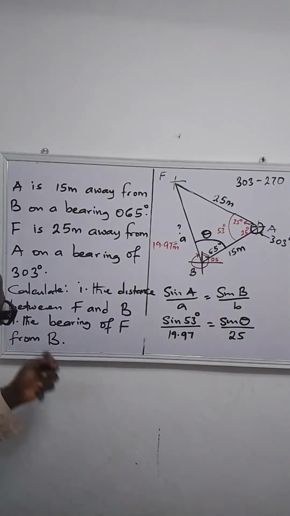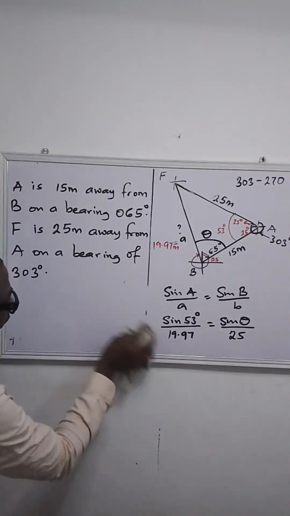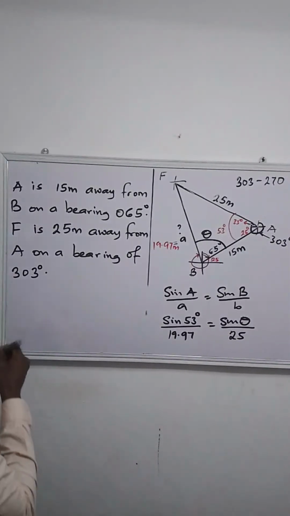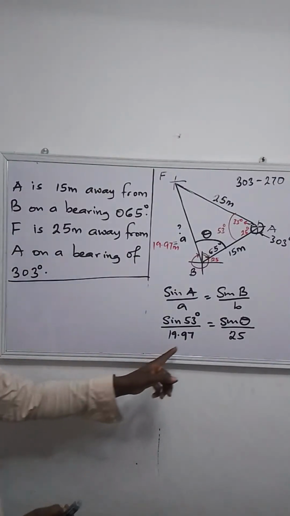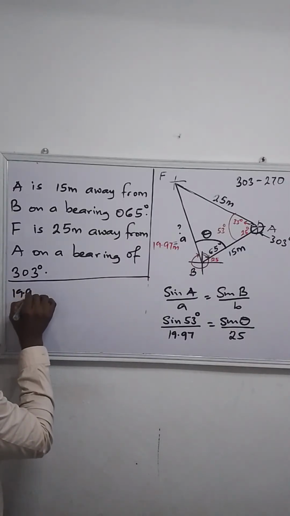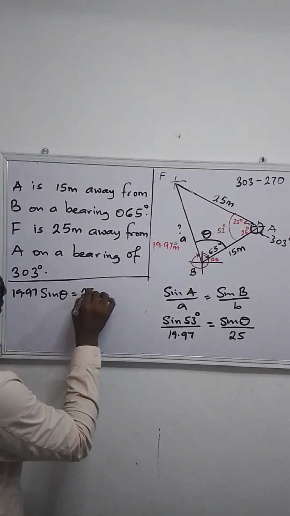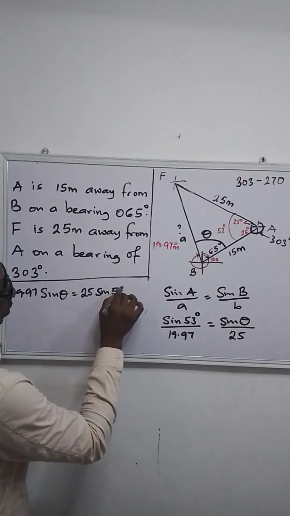So allow me to clean this side. Now you can cross multiply. When you cross multiply, we have 19.97 sine theta equals 25 sine 53.